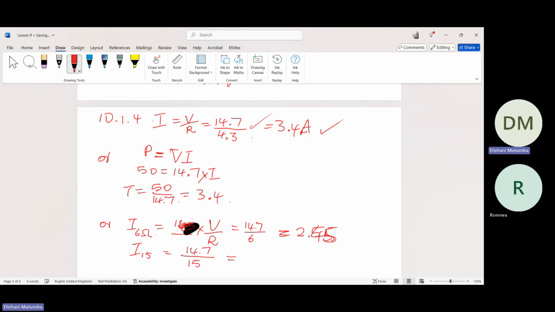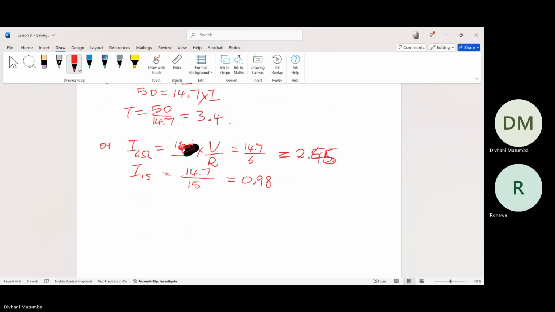How much did you get? 0.98. Okay, so I total is given by I6 plus I15. Do you understand this method now? Yes. So we're going to have 2.45 plus 0.98. Do you have any question? No, sorry, I don't. So how much do we get? 3.4.